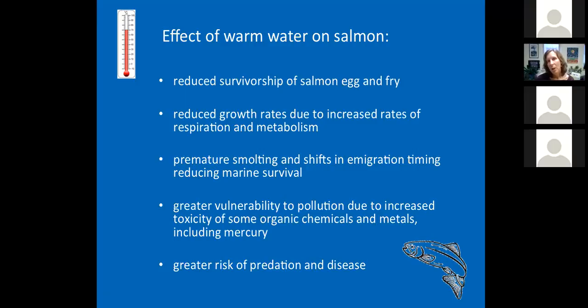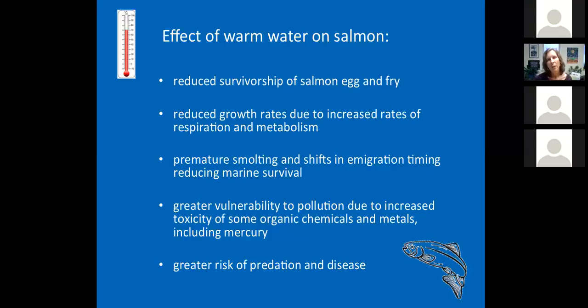They also tend to be a lot more vulnerable to pollution, and they can be more susceptible to the toxicity of metals. As we think about things that are going on in the landscape, we need to keep in mind that with climate change, those impacts could be even greater than they are normally.